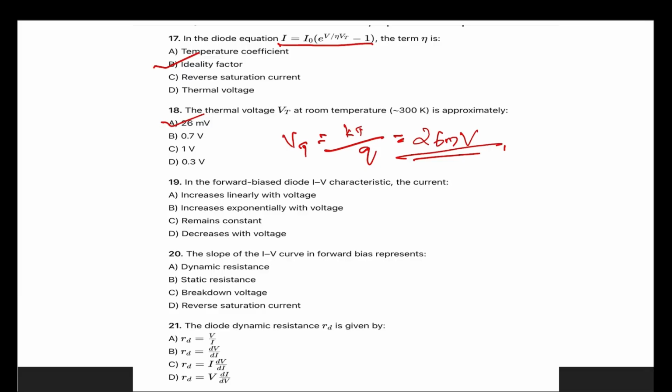Next question. In the forward bias diode IV characteristics, the current: option A, increases linearly with voltage; option B, increases exponentially with voltage; option C, remains constant; option D, decreases with the voltage.